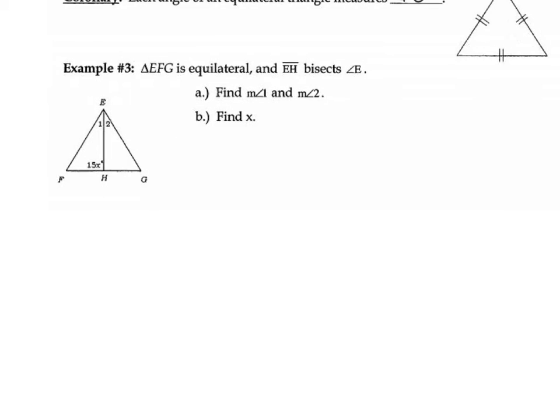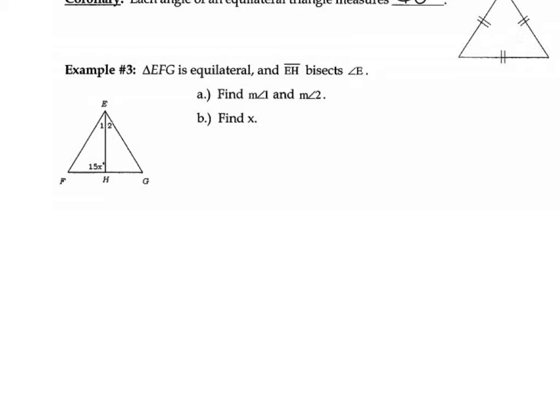Using this, we know that triangle EFG is equilateral and EH bisects angle E. We want to find the measure of angle 1 and angle 2, then we want to find x. With EFG being equilateral, we know all of our sides are congruent. So EF, EG, and FG are all congruent.